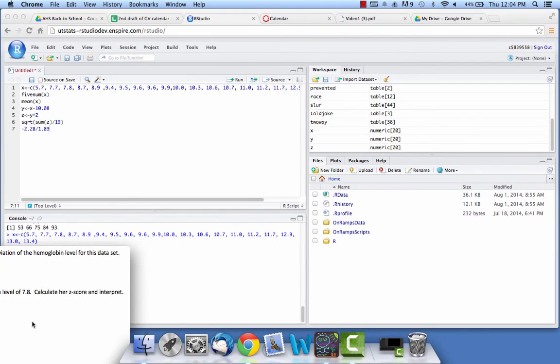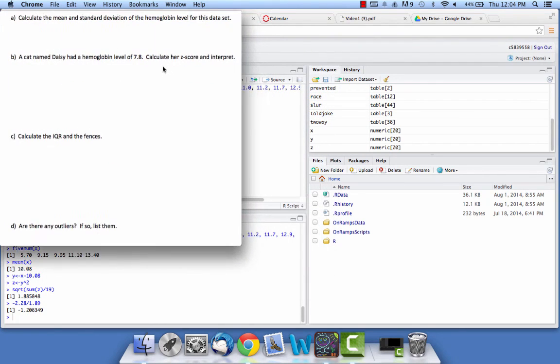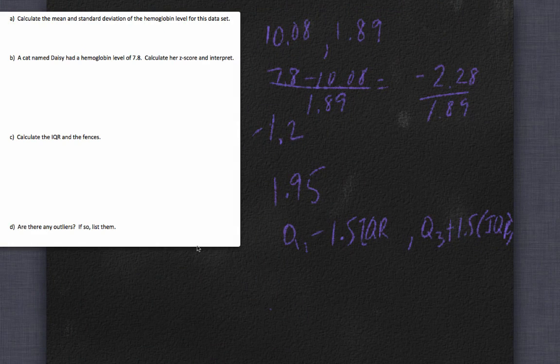Q1 was 9.15, Q3 was 11.10. The part that's always the same is the 1.5, and then these you'll substitute in the values.